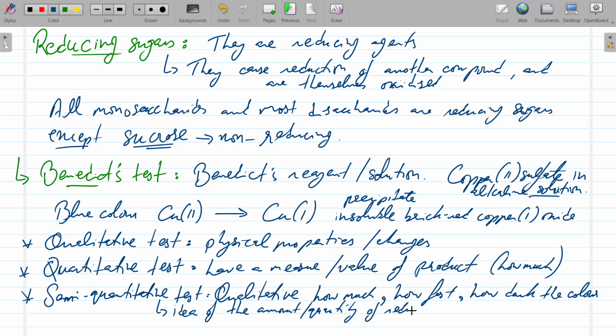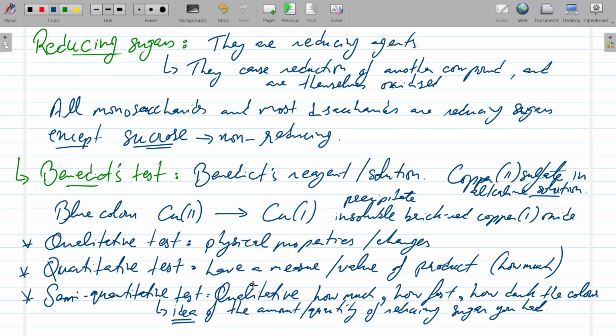of the reducing sugar. Now, we haven't got into the procedure of how we carry it out, but it gives an idea of the amount or quantity of reducing sugar that you may have had. Again, you're not getting a specific quantity, and that's why it's semi-quantitative. It gives you just an idea, right?